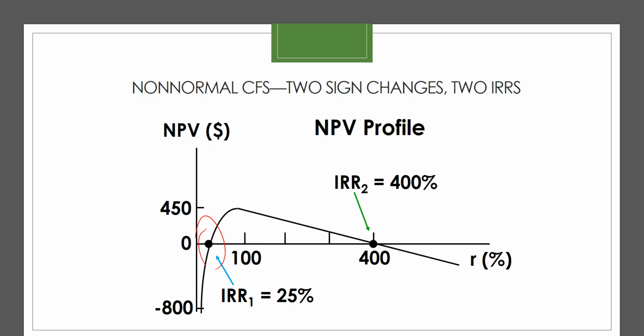So for every sign change, you get an additional IRR. Your calculator is either going to give you an error or it's going to give you the smallest one. So you get two IRRs, and when more than one solution exists, the calculator is going to display the one that's closest to 0. If there are multiple IRRs, then it's best to use net present value.